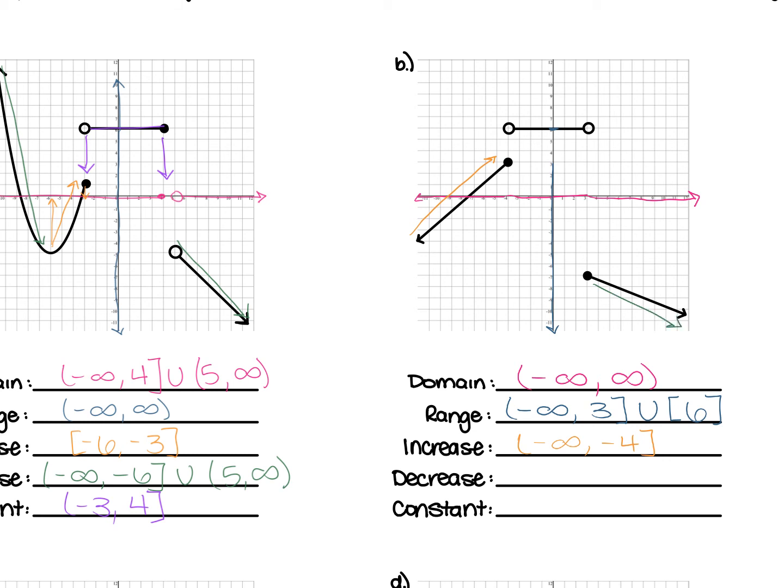We're going from 3 to positive infinity. And then we have a constant between -4, open circle, so parentheses, and 3. Again, open circle on the 3, so parentheses.